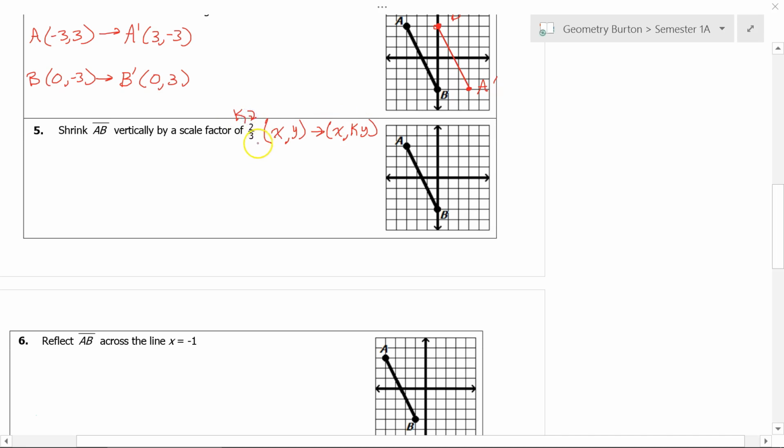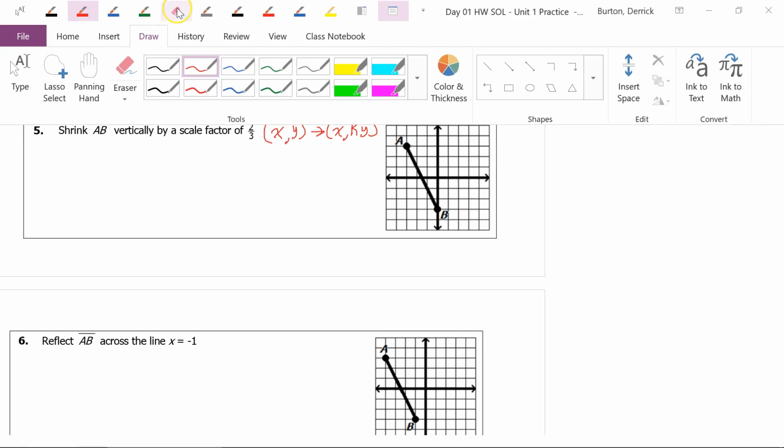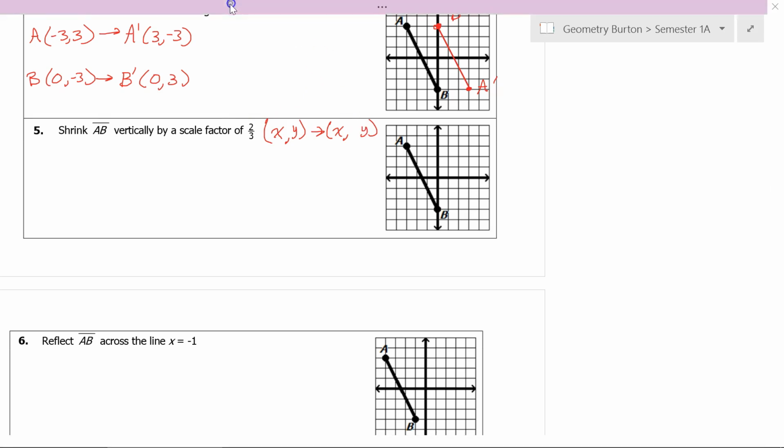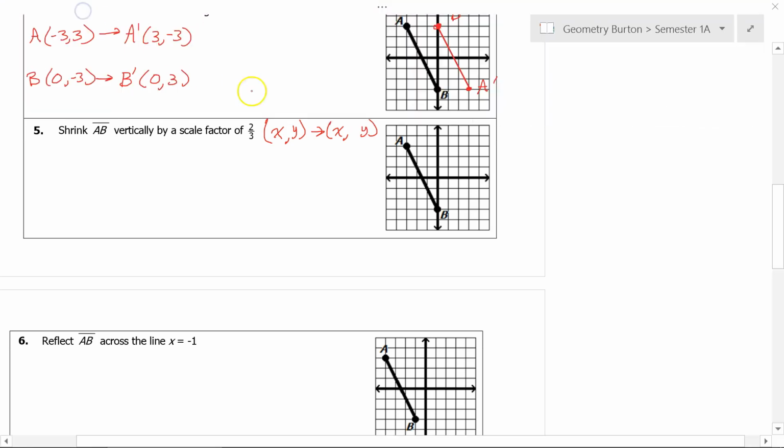I'm calling this scale factor k. So imagine that k was 2/3. I'm not sure why I didn't just put a 2/3 in there. Skip the k. So I'm just going to do 2/3 times the y value. That's all.